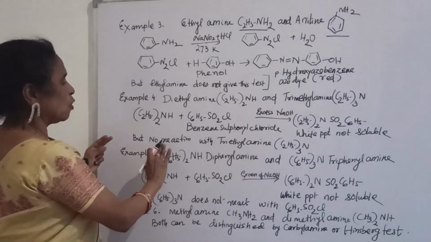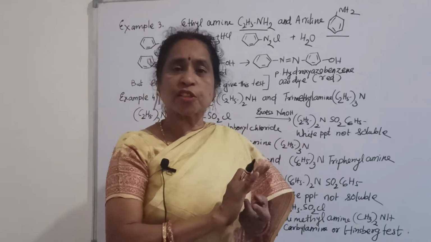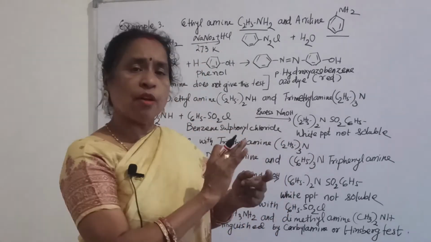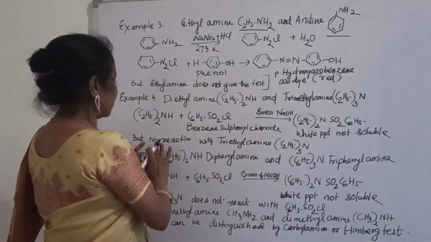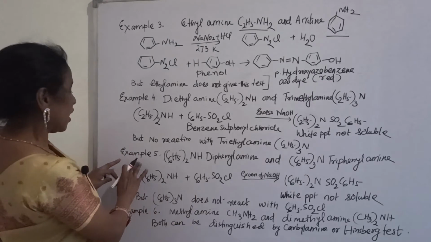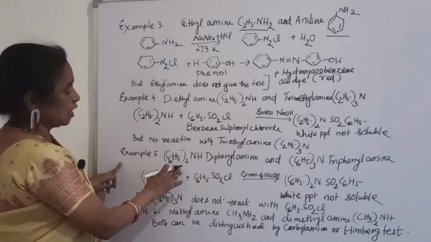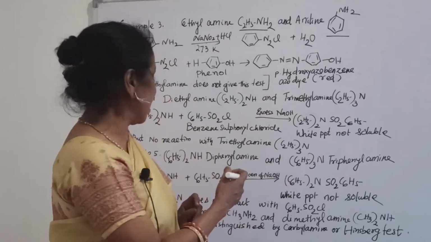So you should write, but no reaction with tertiary amine. Why does triethylamine have no reaction with this benzene sulfonyl chloride? Because there is no free hydrogen here. That is why there is no reaction with triethylamine.